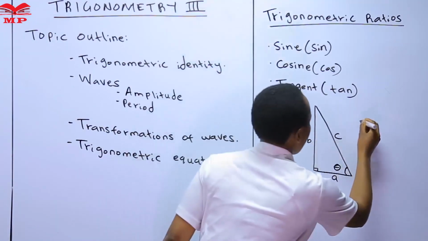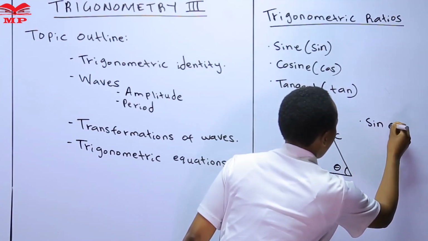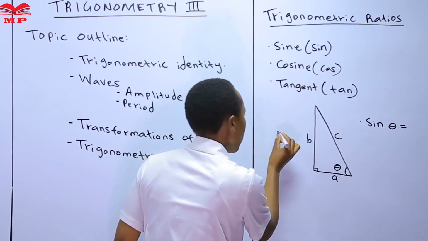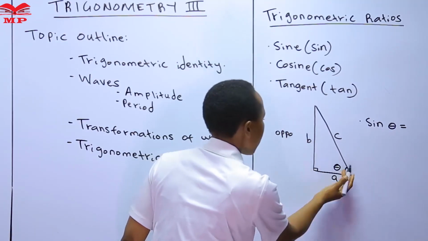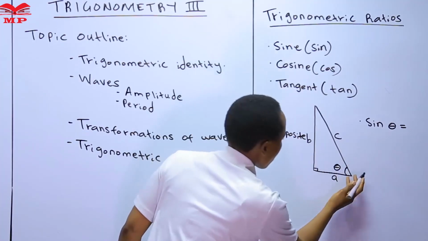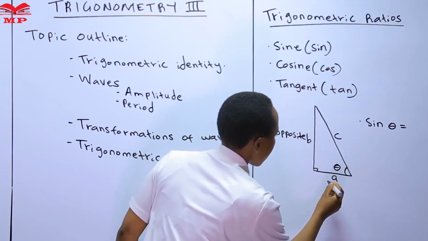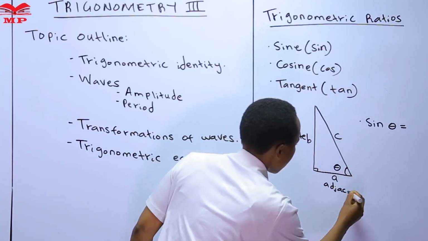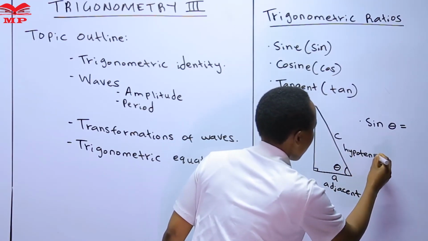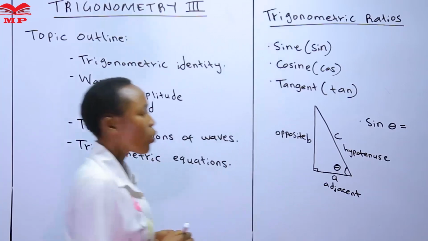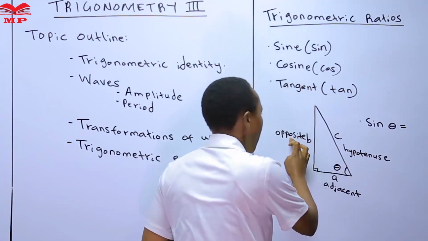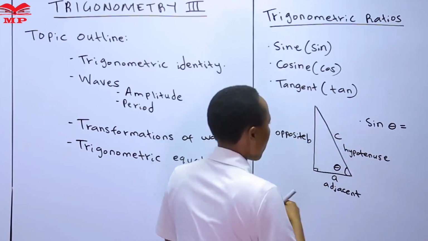So if we want to get the sine of theta, it is given by the opposite, that is the side from where the angle is. We also have the adjacent, the side next to theta, and here we have the hypotenuse. So sine theta is given by opposite divided by the hypotenuse.